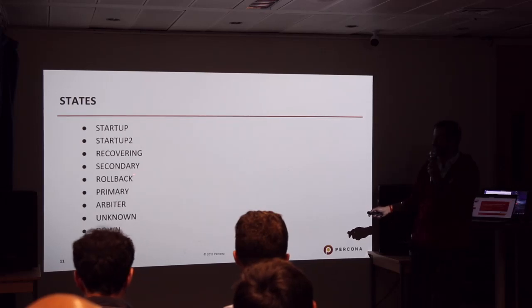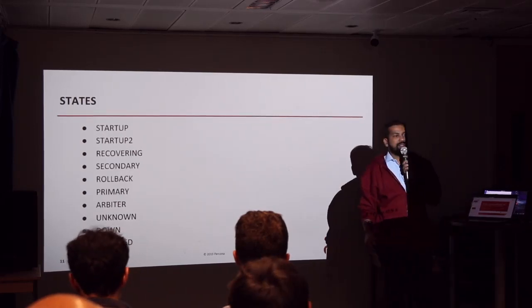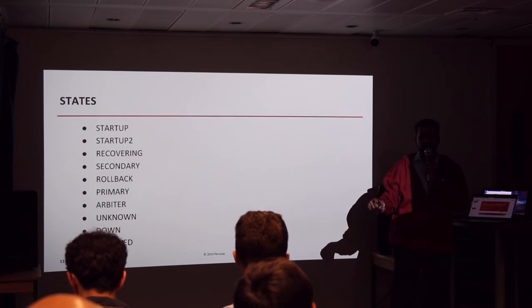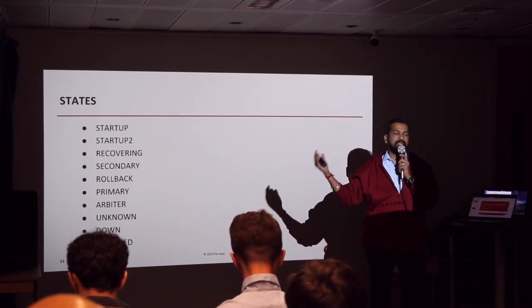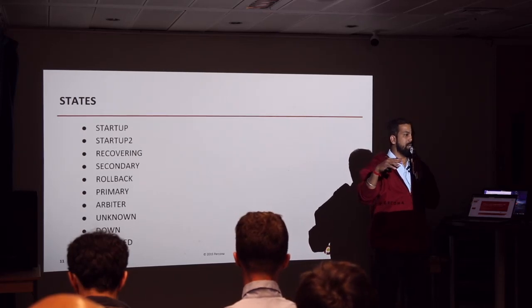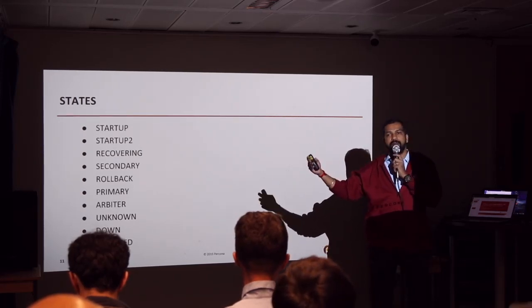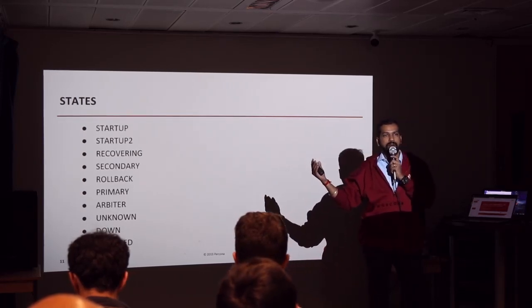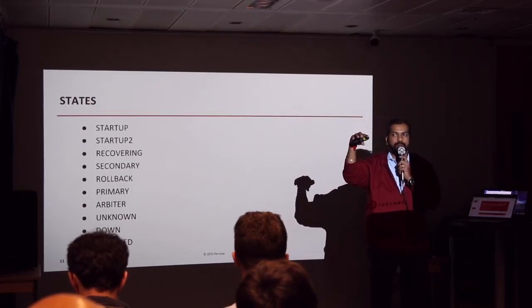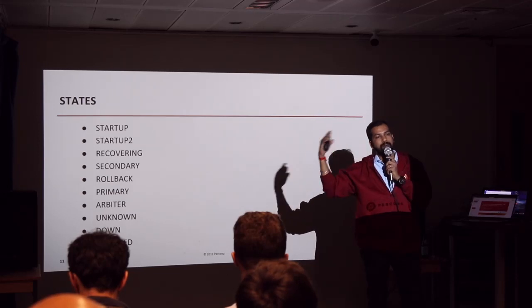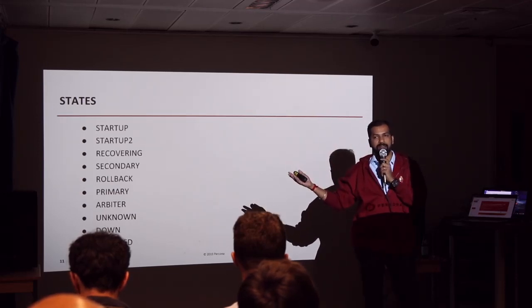So this rollback is something like, for example, your primary goes down and the other secondary has taken the role of new primary, and the old primary is now coming up. But there is some data which has been written into that old primary but not replicated to the secondaries yet.